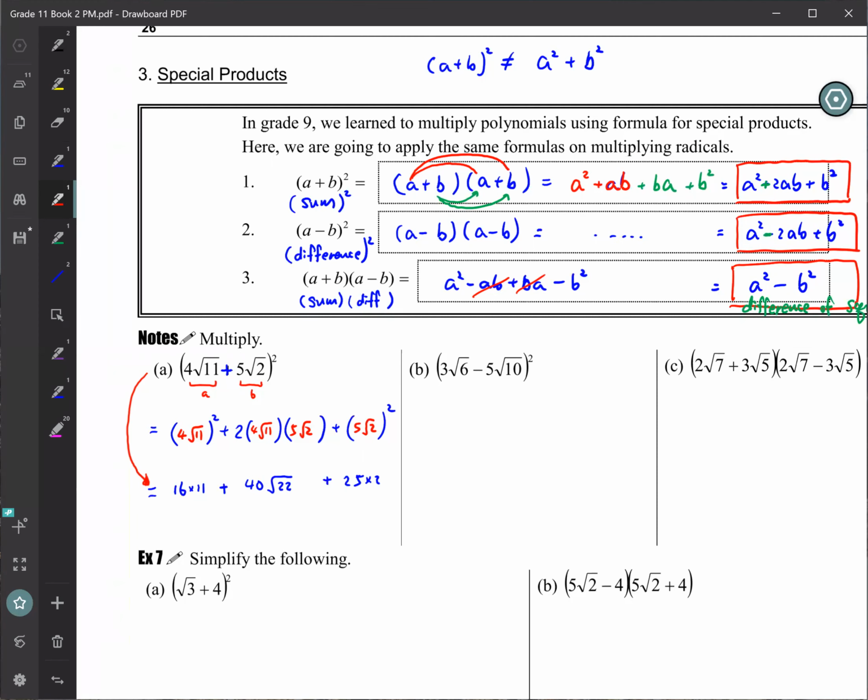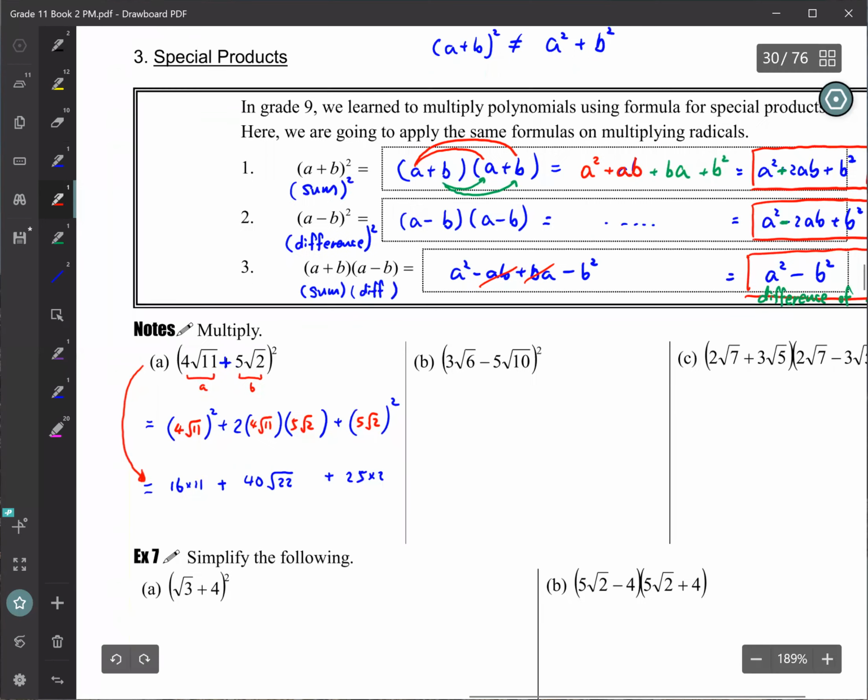And then same with the last one. 5 times 5 gives you 25, and then ignore the square root. So that's the 2. The only harder part is the middle one. You multiply the a and b together, 4 times 5, and then you double that, gives you 20. And then inside times inside. So it's possible to go straight to the result, so you don't have to write so many lines.